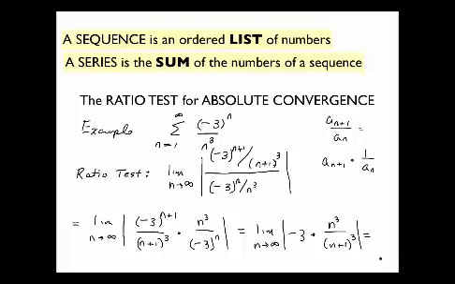So as n gets really, really large, what's the limit of n cubed over quantity n plus 1 cubed? We should know that. What's the limit of that sequence? It gets very close to 1.